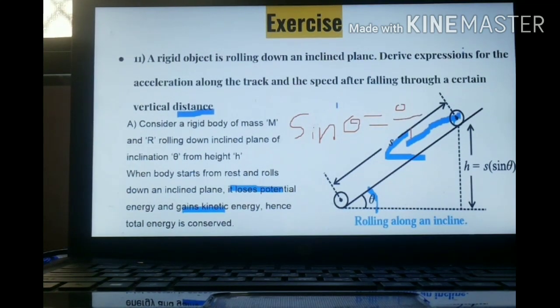Opposite upon hypotenuse. If this is theta, which is the opposite? This one is the opposite, h, and which one is the hypotenuse? s. So this can be written as h is equal to s sin theta.